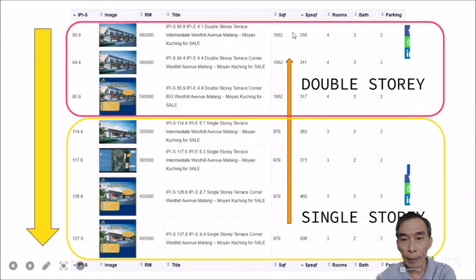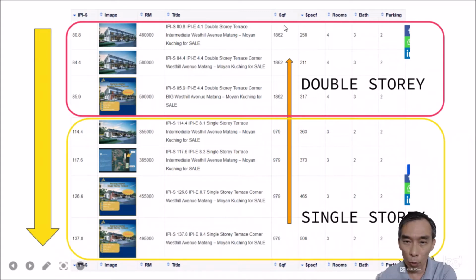So you can see double story houses actually generated a lower IPI compared to single story houses, and the reason is that double story gives a higher benefit per unit cost because its build is more.